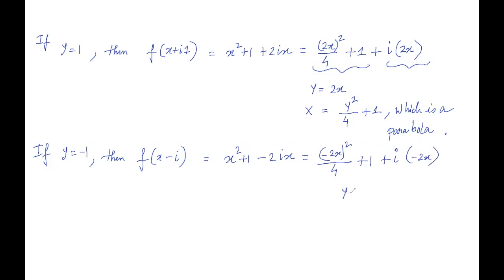So again here, if my y is minus 2x, then the real part is (minus 2x) whole square by 4 plus 1, which is again nothing but y square by 4 plus 1. So you see that both boundaries get mapped to the same parabola.